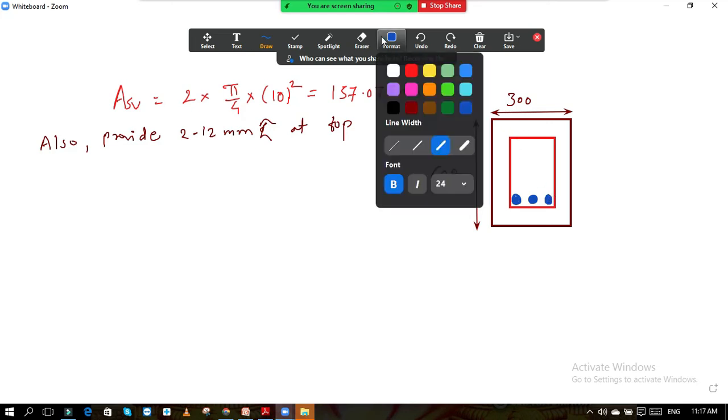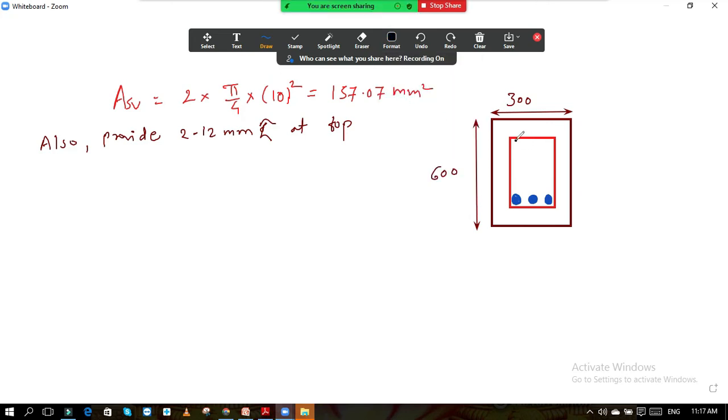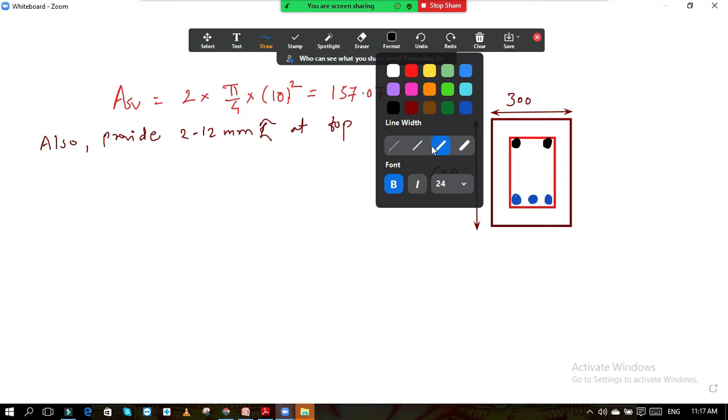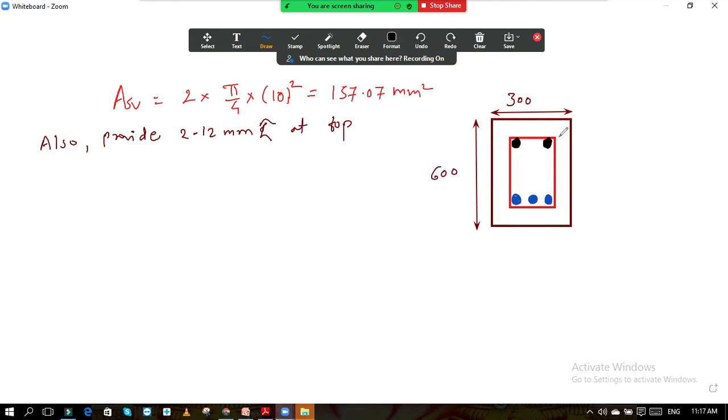And here at the top 2 bars of 12 mm. And what is our clear cover? Our clear cover is 25 mm. That also I will show over here. This is our clear cover.